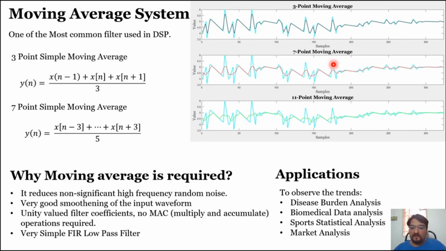Otherwise, in the future when I talk about a biomedical data set, I will share the sample data set. I would comment it, or include it in the description of this video when it is uploaded. So you can try this small illustration and understand the moving average. We'll see the impulse response and frequency response and how it changes with respect to FFT in the upcoming lectures.